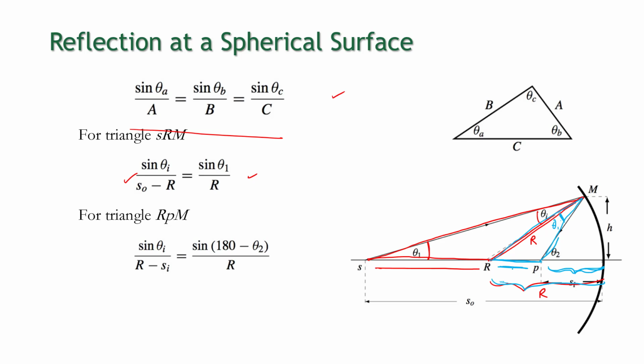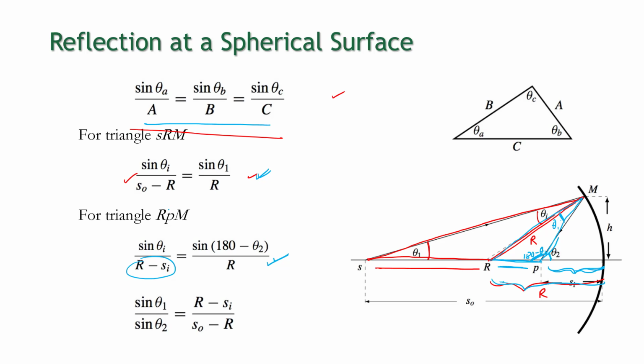Then this is theta 2, so this angle would be 180 degrees minus theta 2. So sine of that angle over this side, which is r. We are considering only two sine angles. We don't need to worry about all three. This is true for all three angles, but we are only considering two. So those are the sine laws for these triangles.